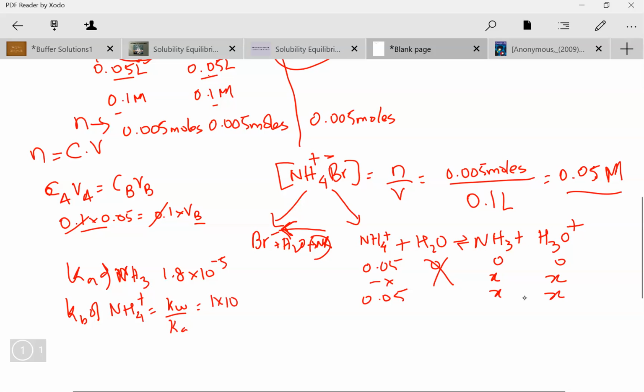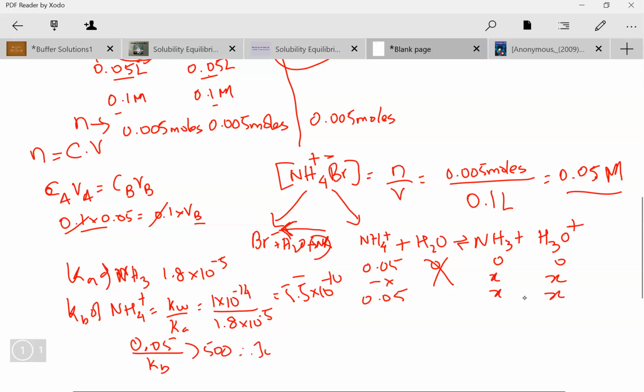So 1 times 10 to the power of negative 14 divided by 1.8 times 10 to the power of negative 5, which is equal to 5.5 repeating times 10 to the power of negative 10. I can do my small x justification, 0.05 divided by Kb greater than 500, therefore justified.